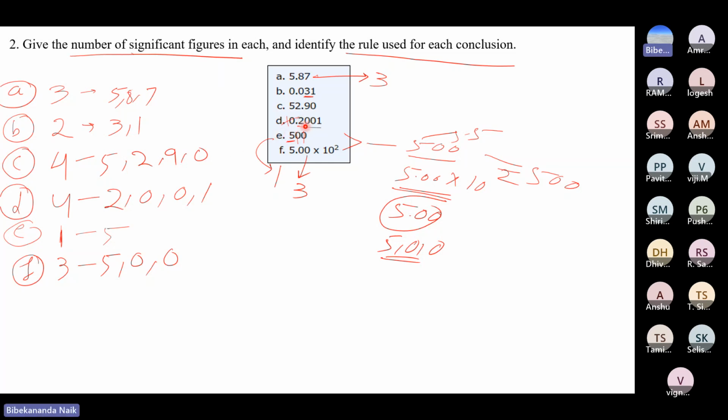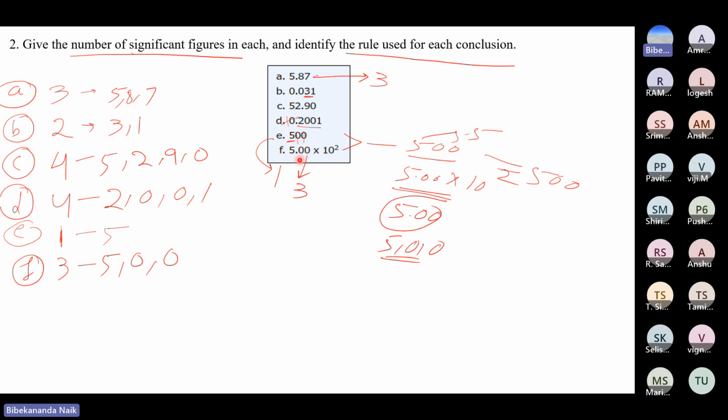And in D, it is written 0.2001, and it is a decimal number. So before this 2, the first 0 is not a significant digit. However, all these other digits, 2001, are significant figures. And so D has 4 significant figures. And similarly in E and F, since E has 2 zeros after the non-zero digit, the significant digit is 5 only.